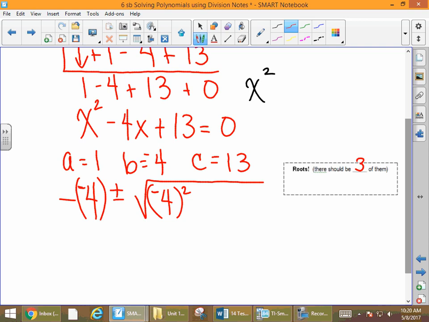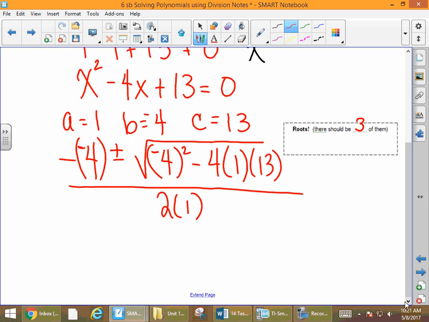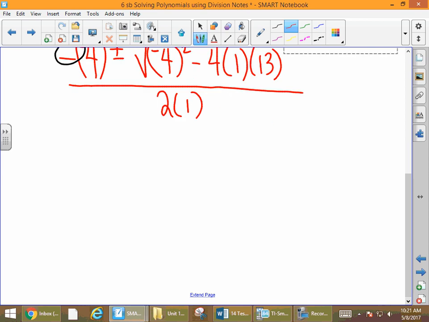B squared minus 4 times A times C, all divided by 2 times A. So make sure you didn't do what I did, which is I didn't put the negative in front of the 4 for the B value. I managed to correct that early on. But double negative gives us a positive. And some of you didn't even write that. Some of you immediately wrote positive 4, and there's nothing wrong with that.